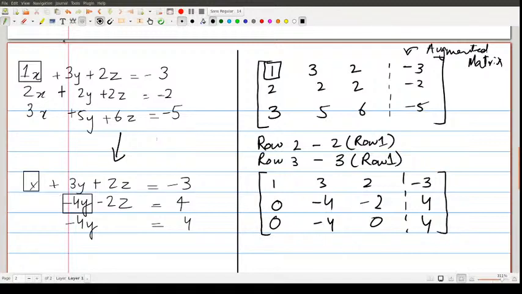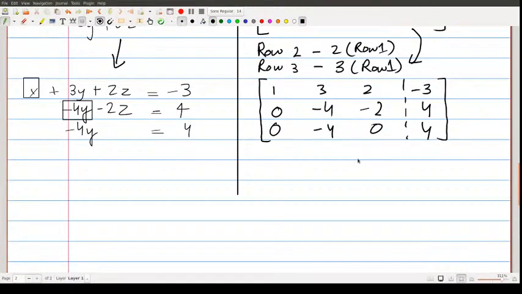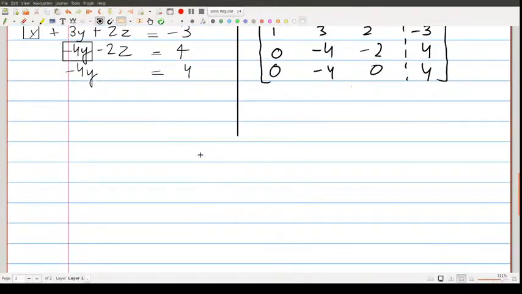And so there's no reason for me to write these x's, y's, and z's over and over again. I can just look at it in terms of matrices and make it convenient for me, right? Okay. And so now I repeat the process, and I look at my last system, which was this one. This is the system that I got after eliminating the y variable in the third equation.